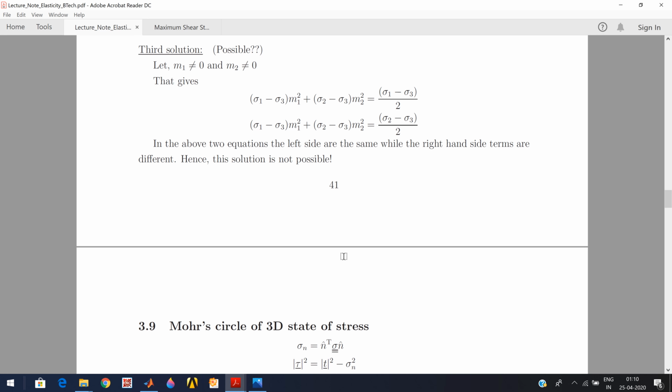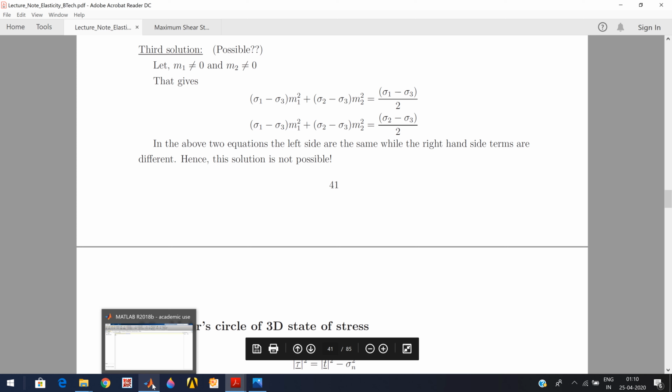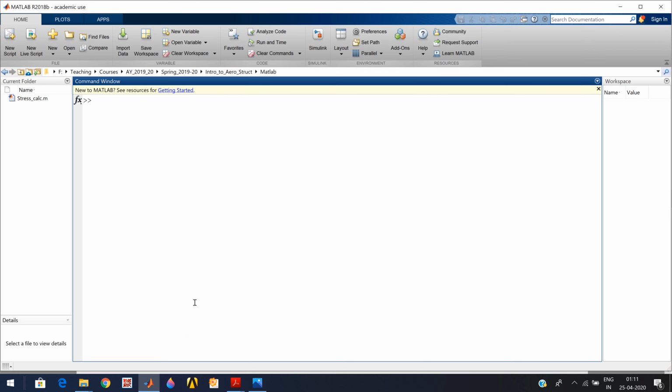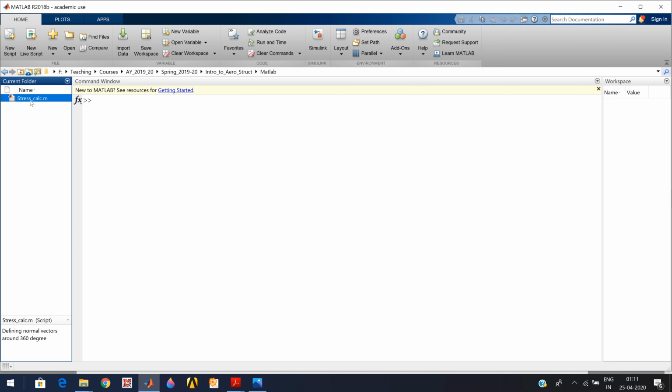Now, I want to give you some Matlab demonstration to see how we can understand those extremum values. I will share this code with you. You can also run this and check yourself. So let me pull that.